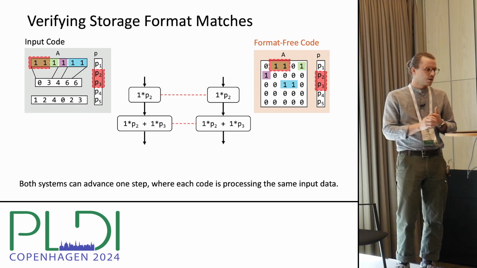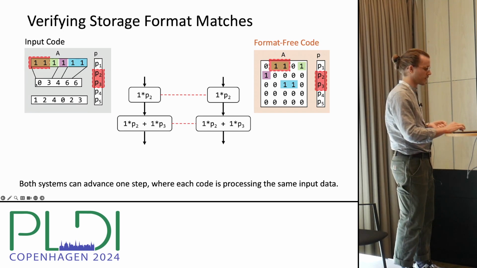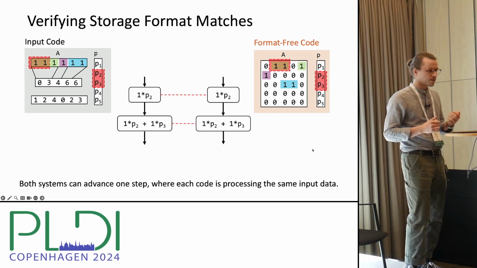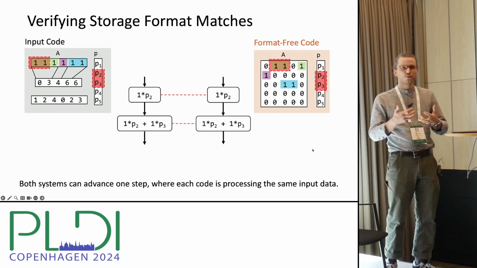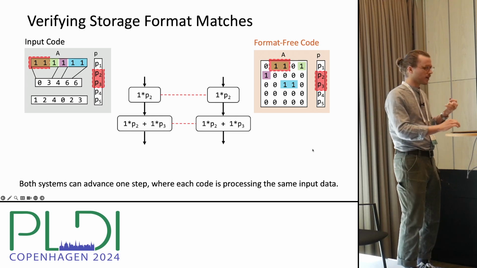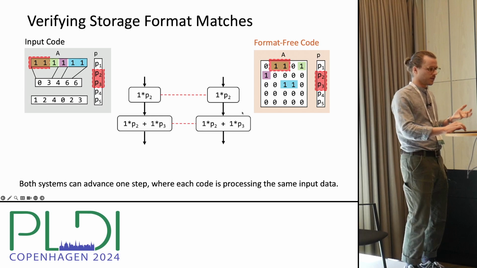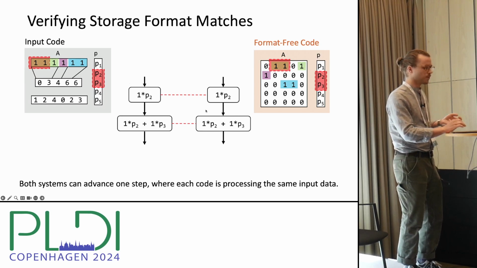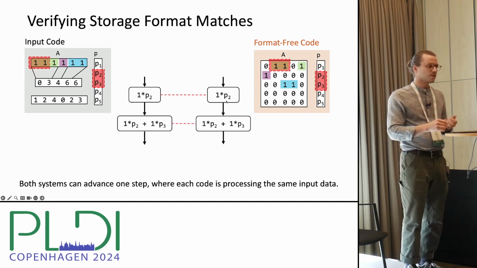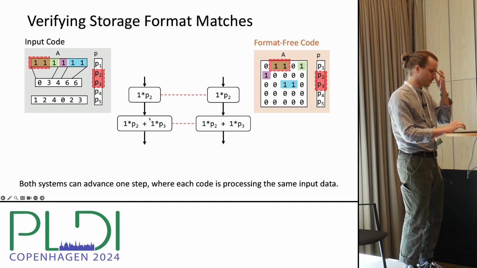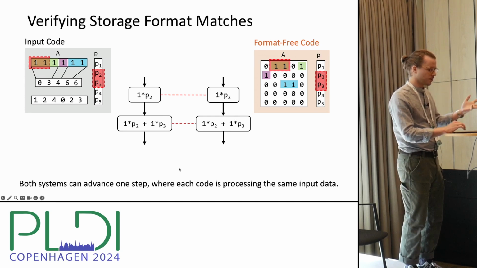The original input code version is on the left, and the code version that we created is on the right. And one possibility is that they're both processing the same elements at the same time. And in that case, we can prove equivalence for each step just by checking that these states are equivalent. And visually, it's fairly easy to see that these should be equivalent.